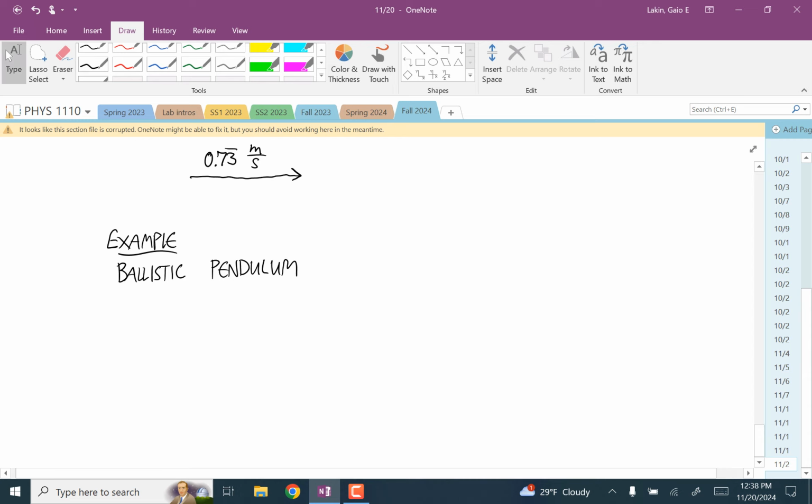But the way they used to do it is they would hang a big mass from some kind of cable, and they would fire the bullet into the mass.